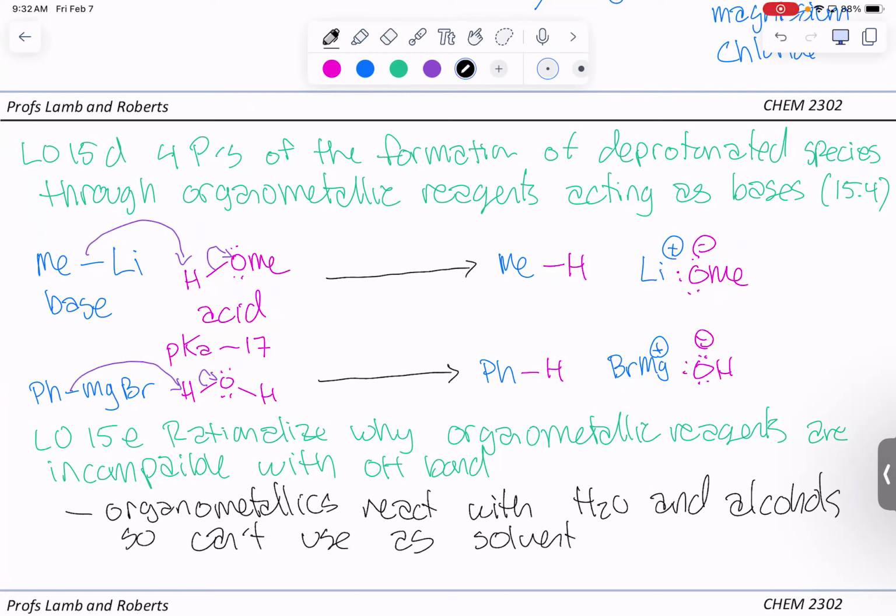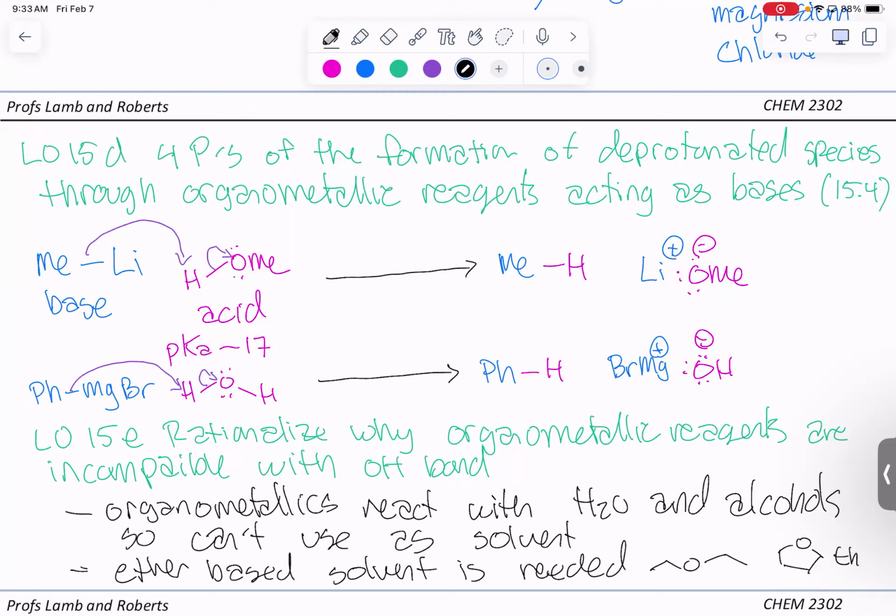So we would use an ethereal, ether-based solvent. Oftentimes we use diethyl ether or THF, tetrahydrofuran, but you don't need to worry about the acronym.